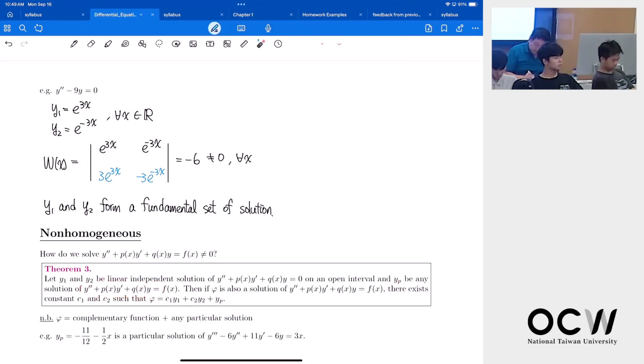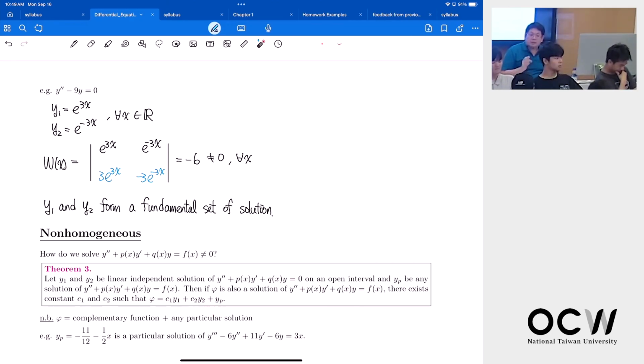You can see I have f of x. So y1, y2 for the homogeneous solution. Yp, we will call particular, is the solution for the non-homogeneous equation. Then I will say there's a phi. Phi is a solution, and this solution is the linear combination of your homogeneous solution plus the particular solution.